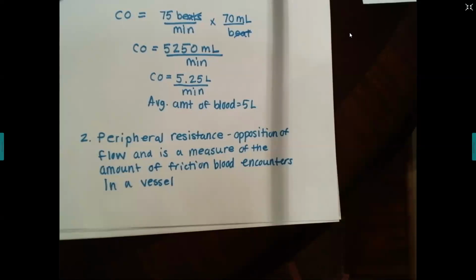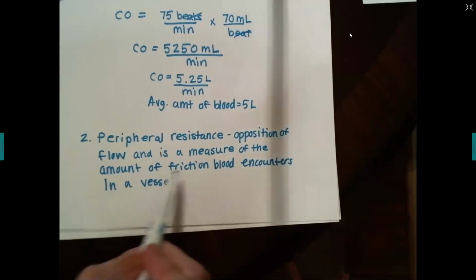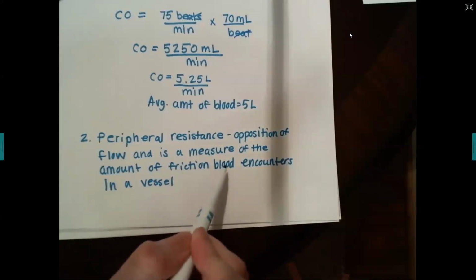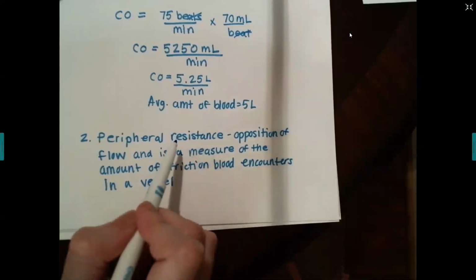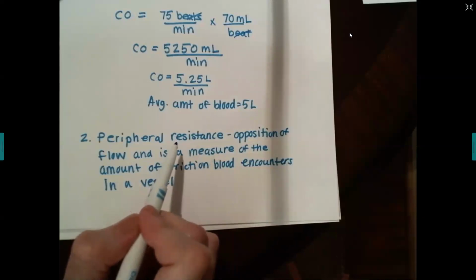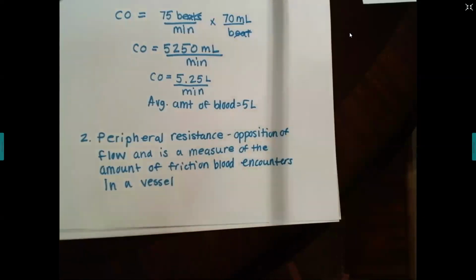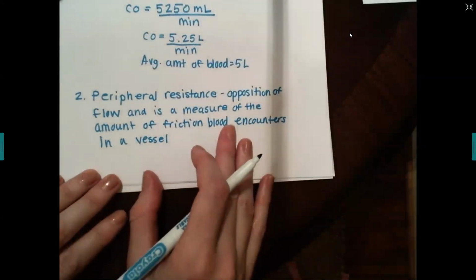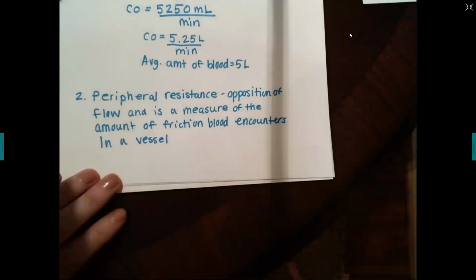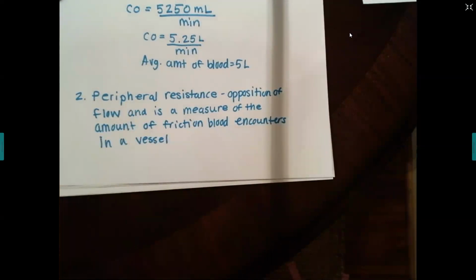If we vasoconstrict, that is going to increase the friction that the blood encounters. Therefore, it increases peripheral resistance and would increase blood pressure. Okay, so vasoconstriction and vasodilation are ways to interfere with blood pressure.